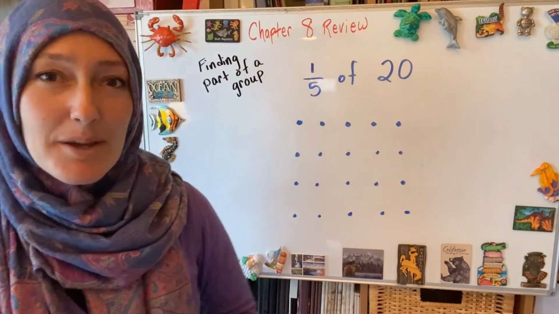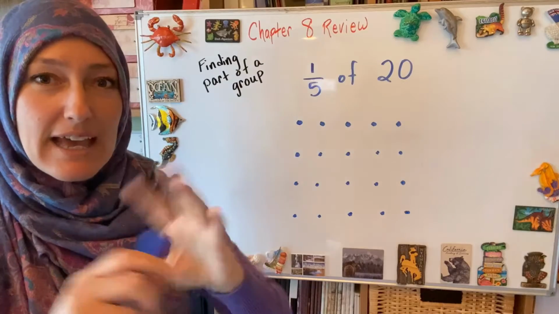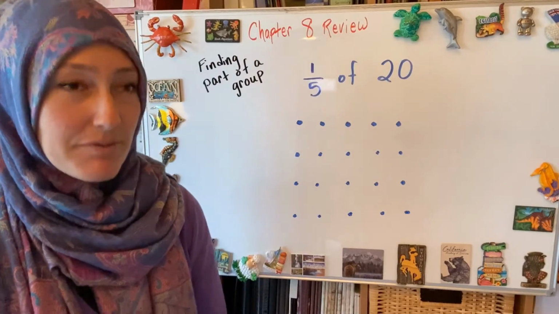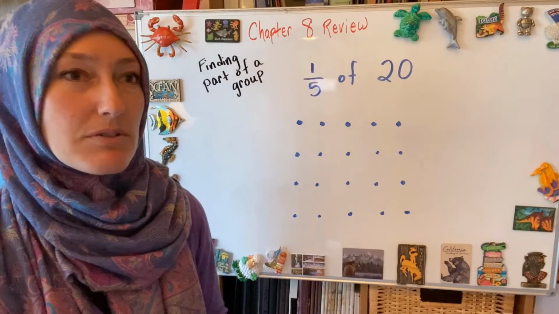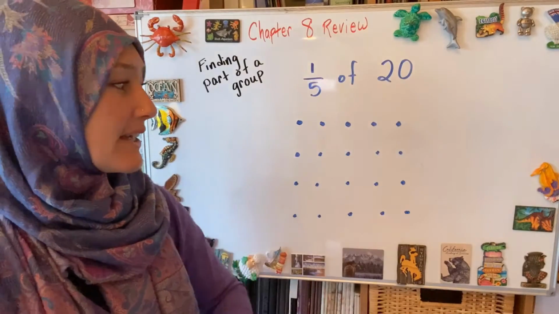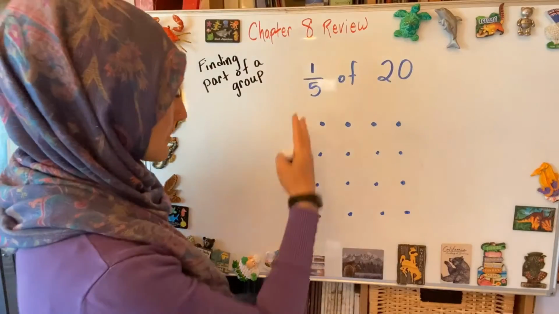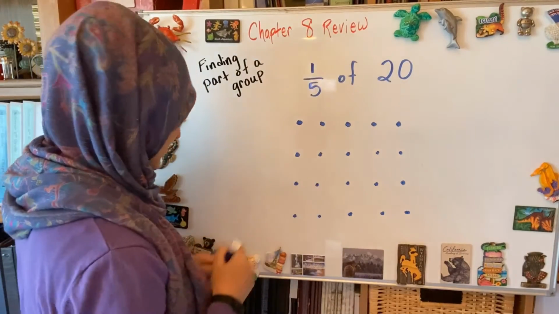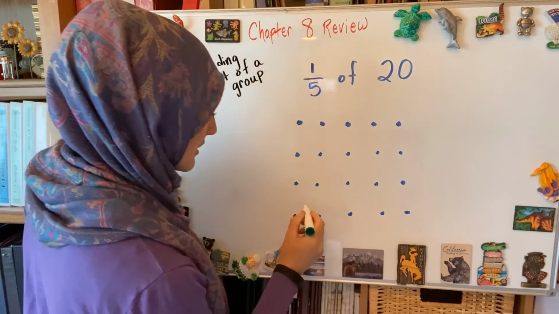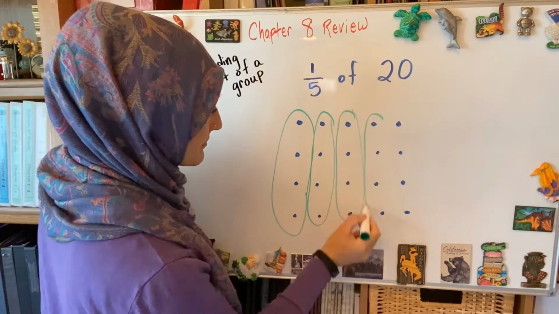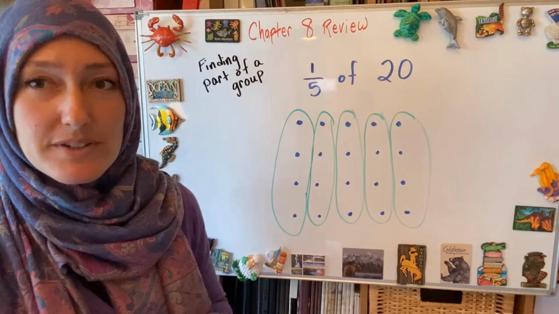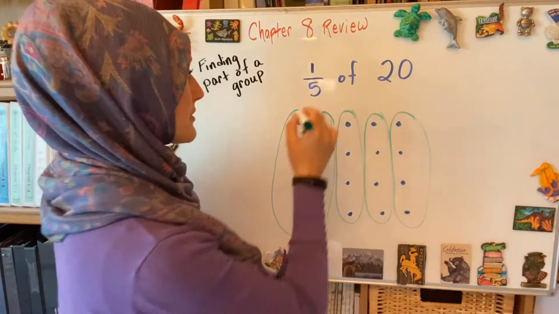My denominator tells me how many groups I'm going to have. So 1 out of the 5 groups. First I need to cut up my 20 into 5 groups. So let's see, if I do it like this, there's 1 group. Okay, there's 5 groups. So the denominator is how many groups.